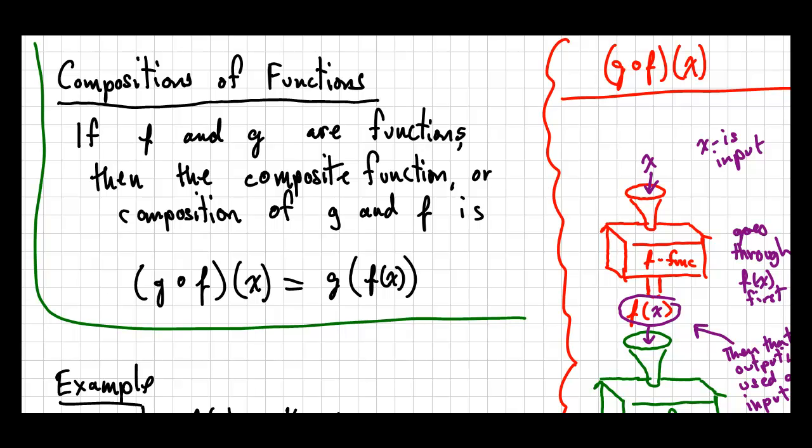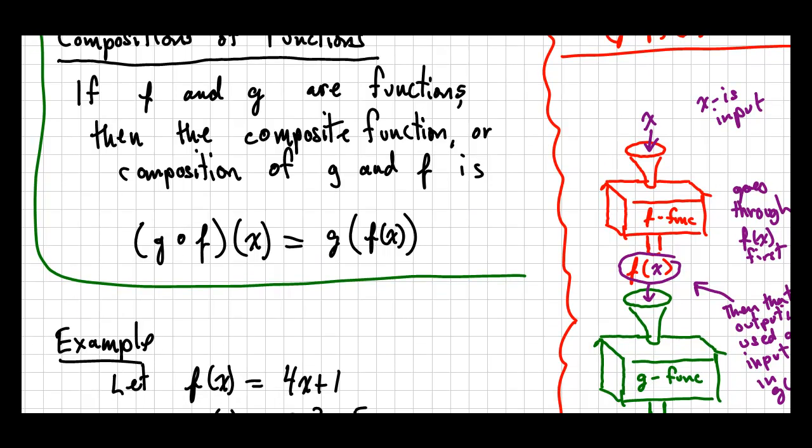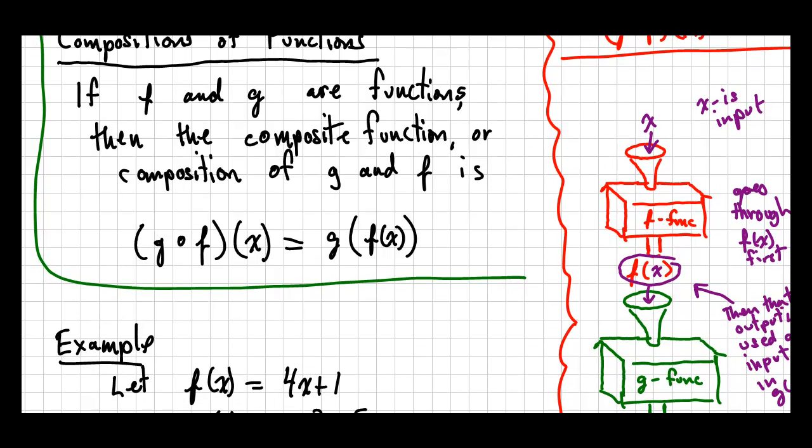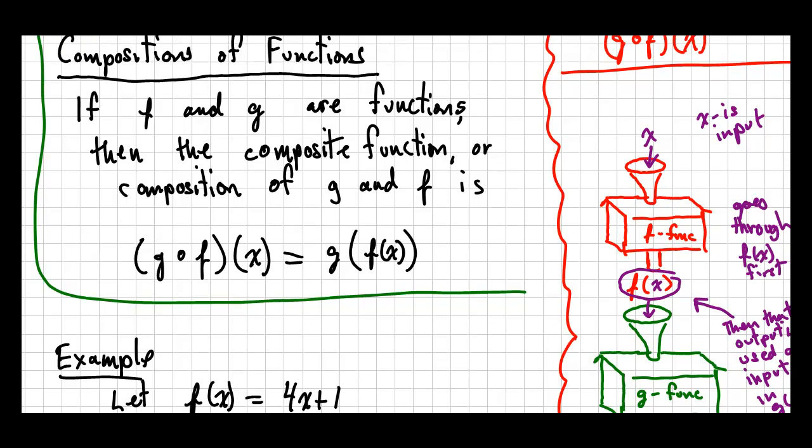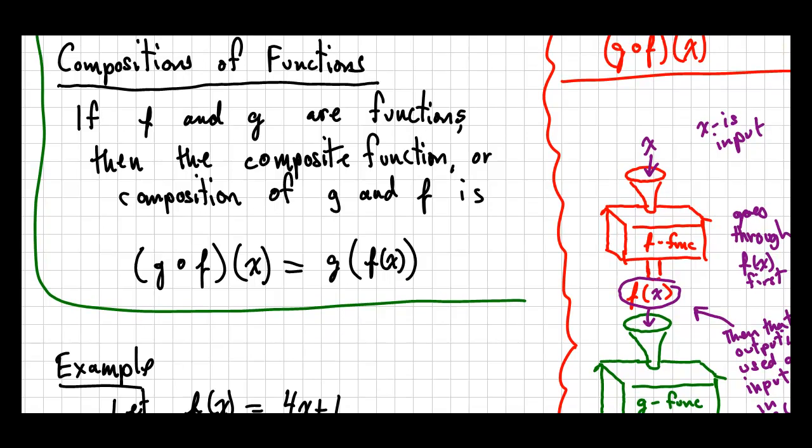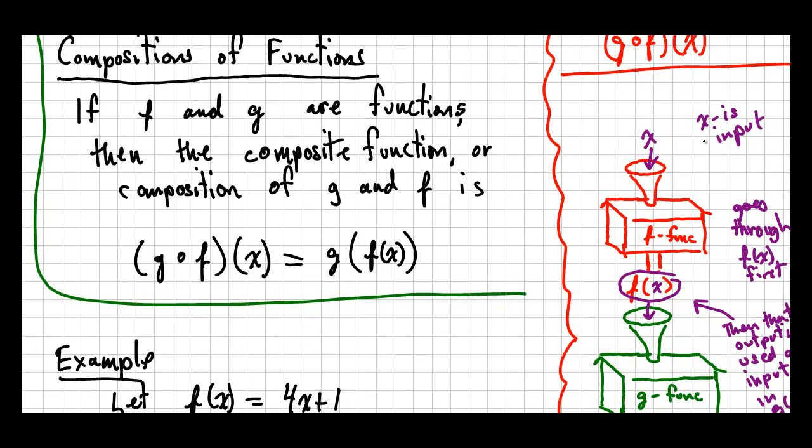So I've got a little diagram over here to the right. I've got two functions. One of them in red is the f function, and in green is the g function. It's a little box. And so you can think about this little box: we're putting in some input, in this case x, right? It goes into your function f, and then it comes out the other end. That's your output.